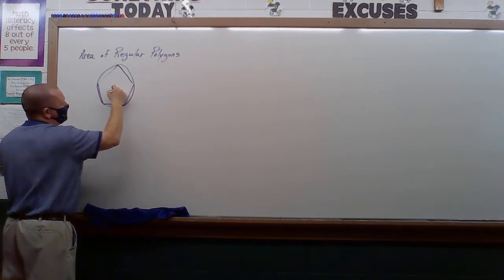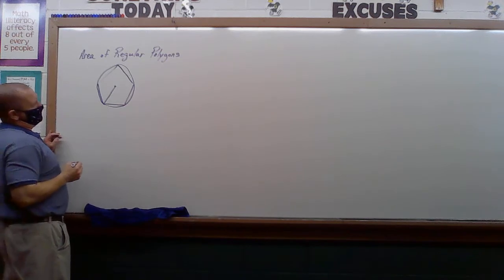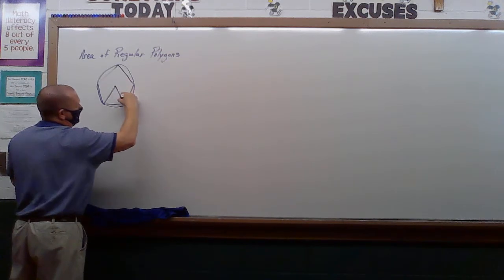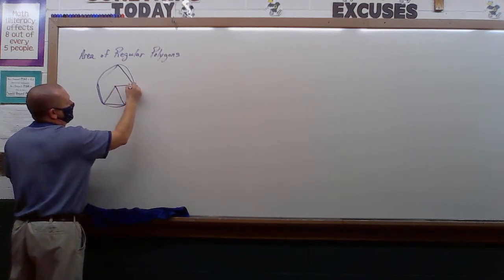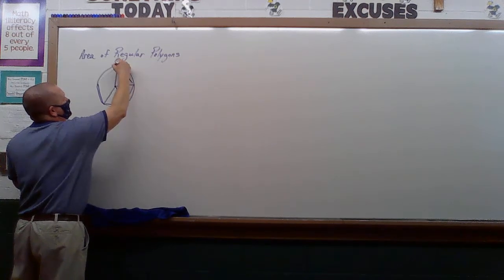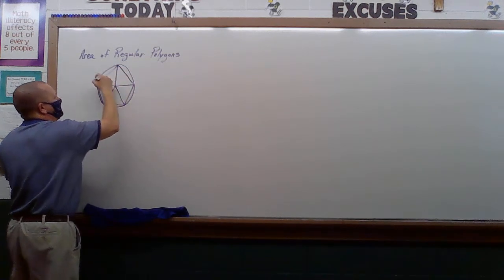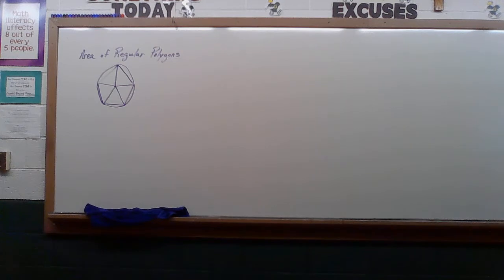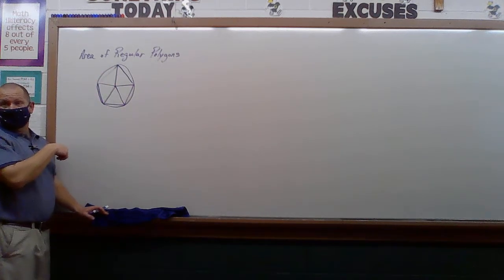So if I drew this segment right there, or this segment right here, and I keep going around, there's going to be obviously way more radii, but each of those radii touches an exact vertex of the shape on the inside. Would you agree with that?